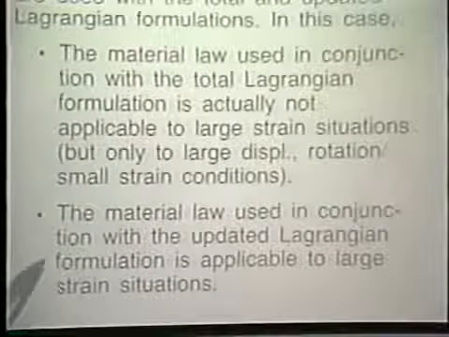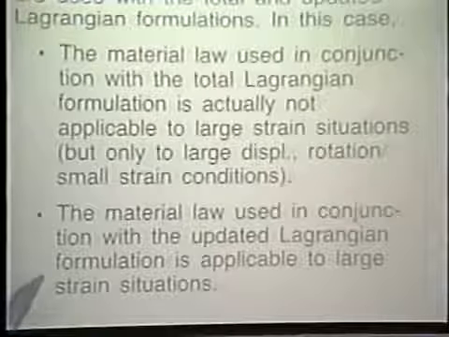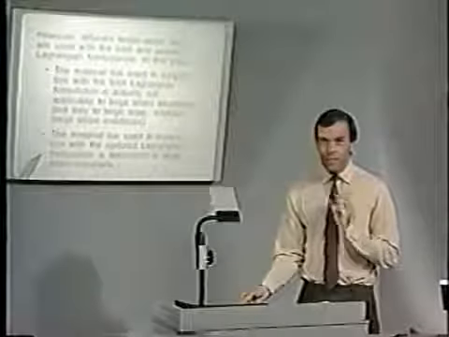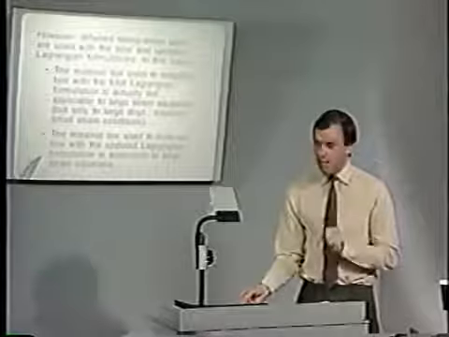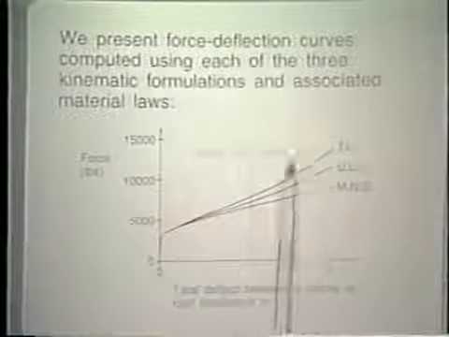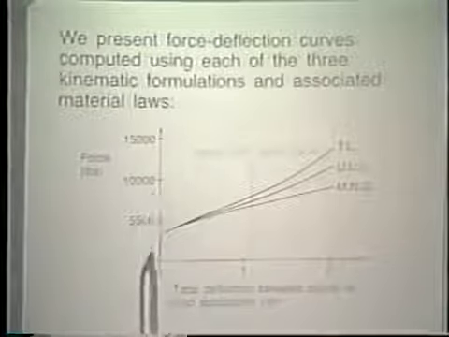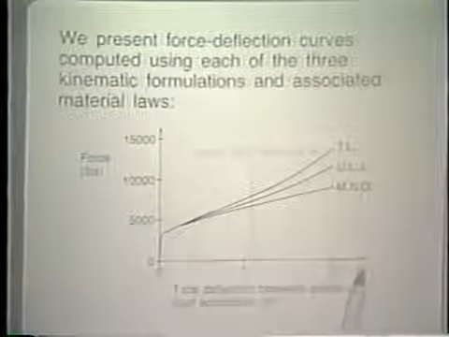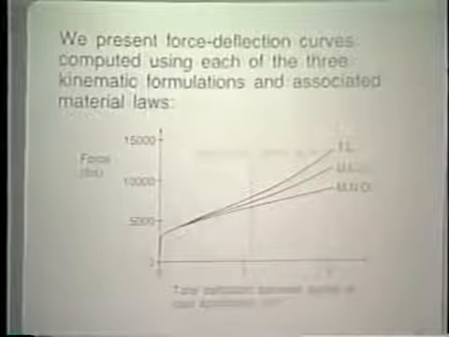So once again, our total analysis is only applicable to this kind of situation, whereas the updated Lagrangian formulation does model kinematically and on the stress strain level large displacements, large rotations, and large strains. The analysis results obtained are shown here. Notice we are plotting here the force applied and the total deflection between points of load application.